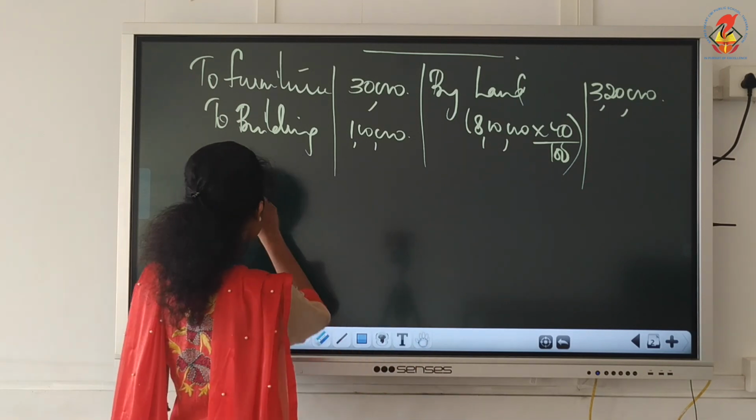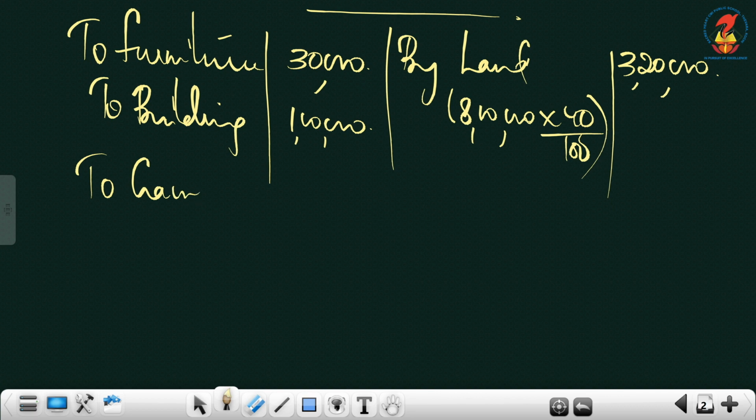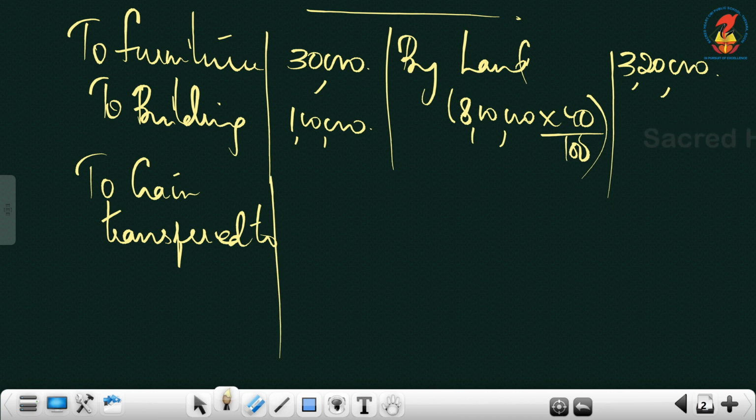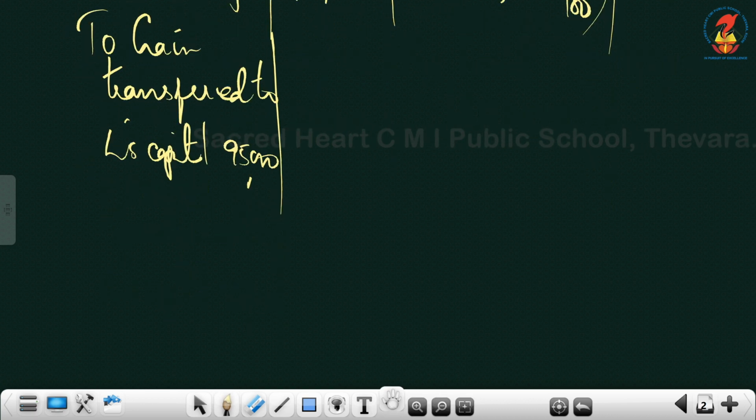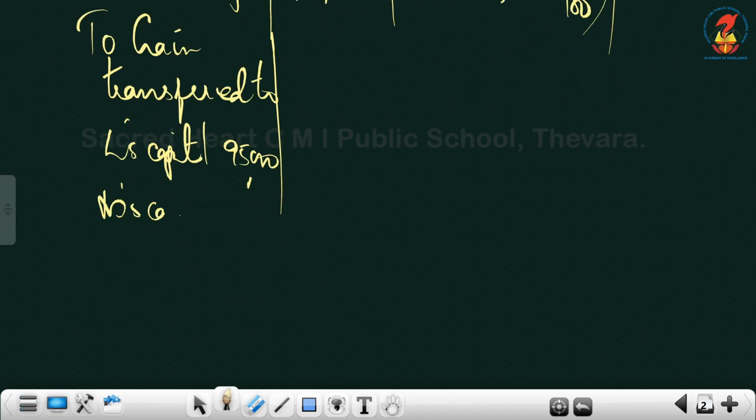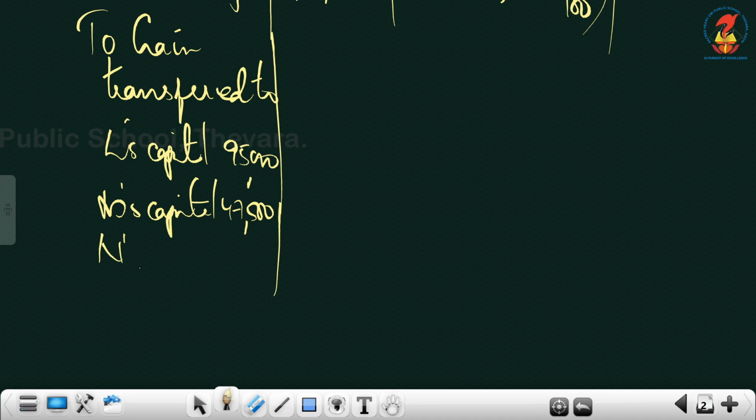The gain you will get as, so write to gain or profit transferred to 3 partners L, M and N. M's capital 47,500 and N's capital 47,500.